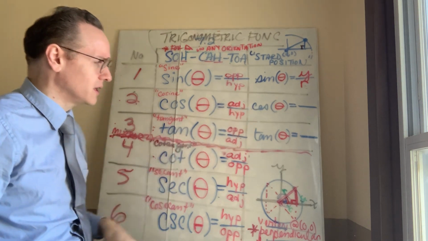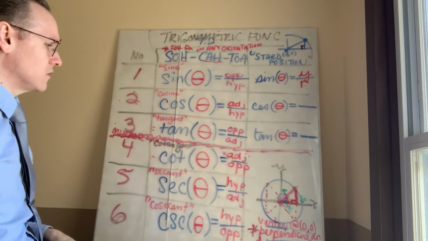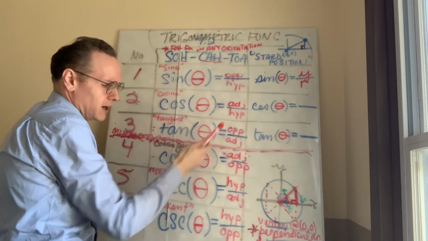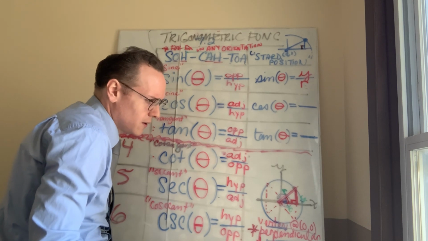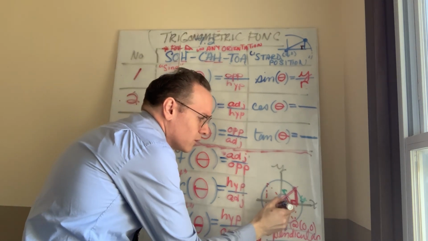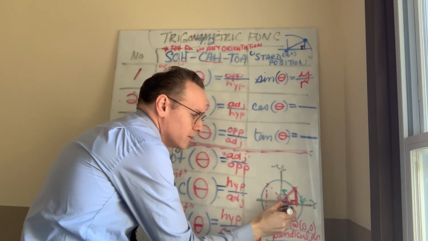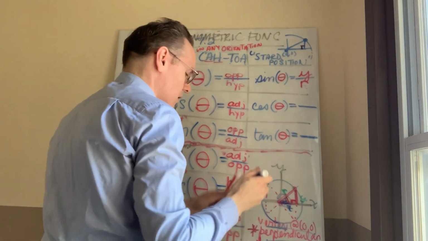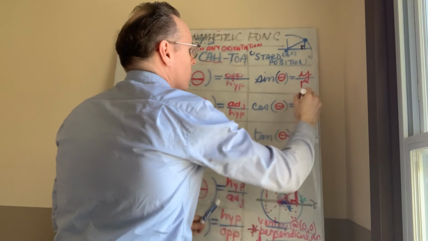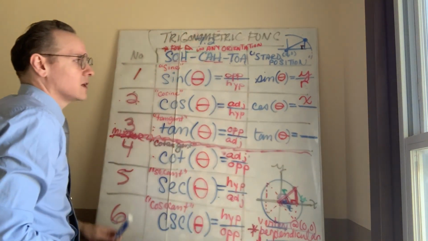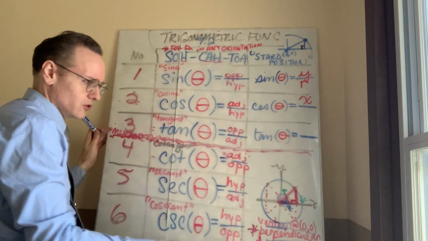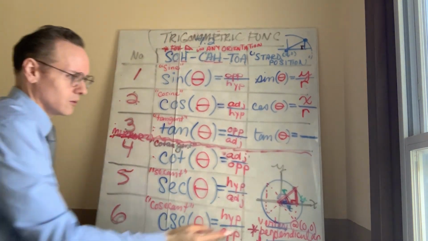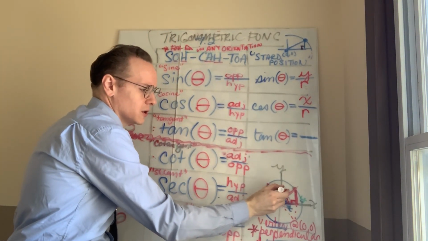For cosine of theta, instead of referring to it as adjacent over hypotenuse, notice that what would be adjacent to the angle here would be x in the drawing. We'll call it x then. And the hypotenuse consistently will still be the radius, this dimension here.